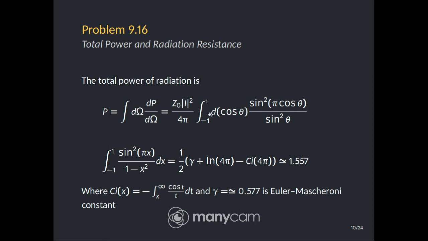The latter integral here is a special function which gives us one half times gamma plus log 4 pi minus Ci of 4 pi, which is about 1.557, where Ci is a special function that can be written in integral form, and gamma is equal to 0.577, the so-called Euler-Mascheroni constant.